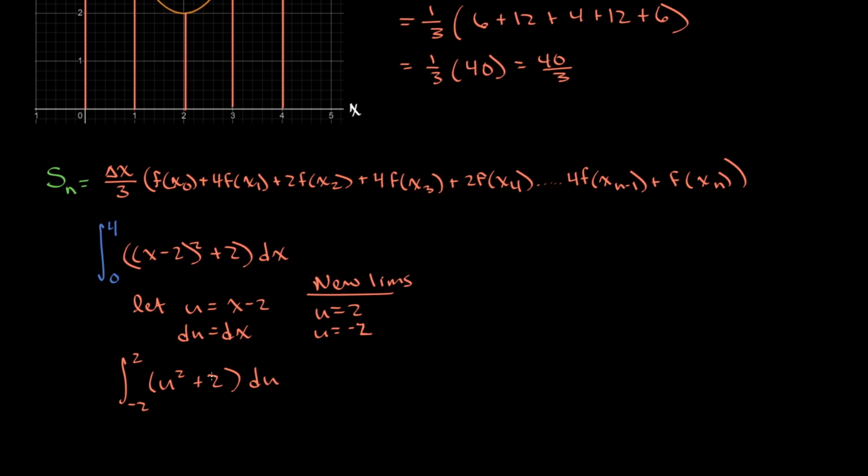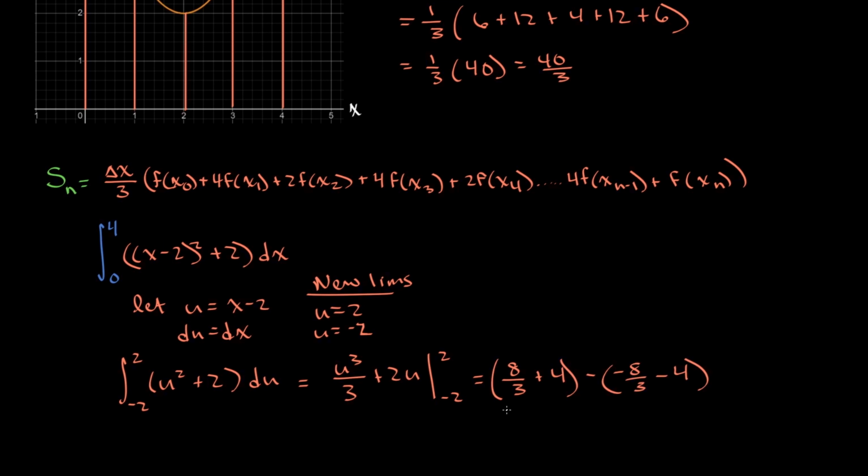Now this is pretty straightforward. This is equal to u to the third over 3 plus 2u, and then we're going to evaluate this at negative 2 and 2. So what do we get here? We have 8/3 plus 4, minus negative 8/3, minus 4.